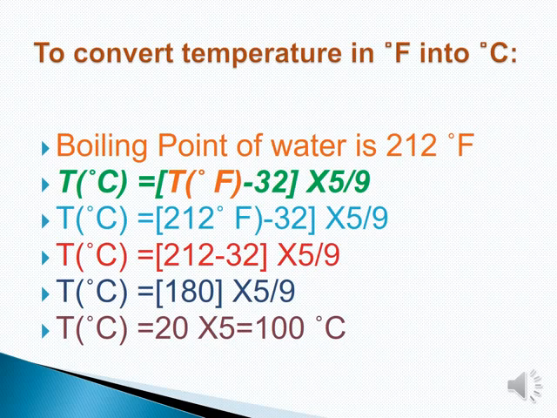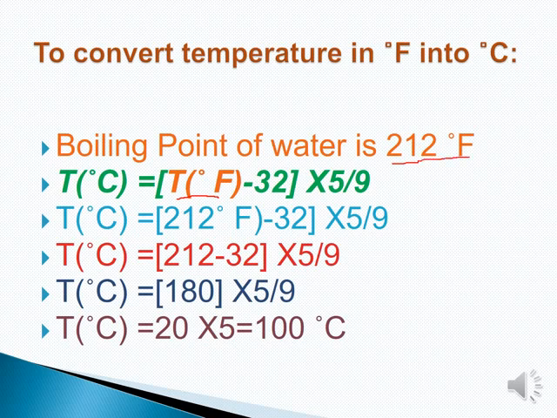The formula is: temperature in degree Celsius is equal to temperature in degree Fahrenheit minus 32, multiplied by 5 by 9. So in place of temperature in degree Fahrenheit, we will write 212 degrees Fahrenheit.